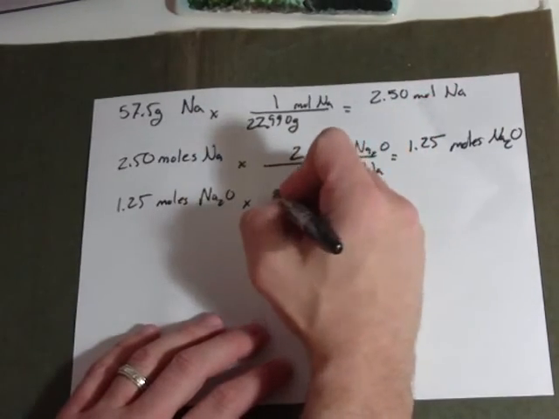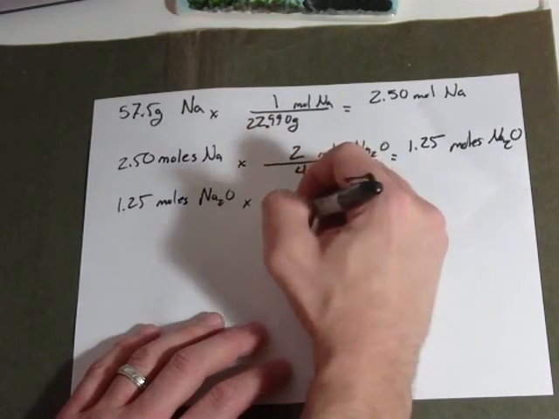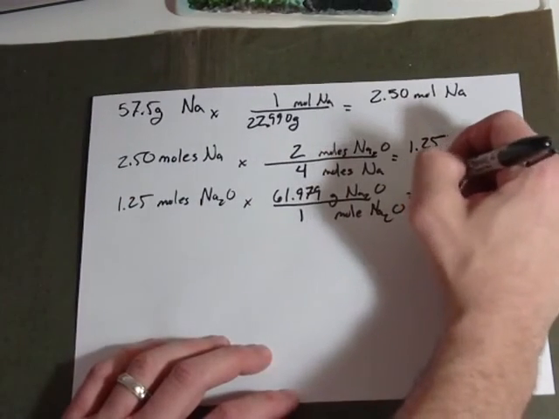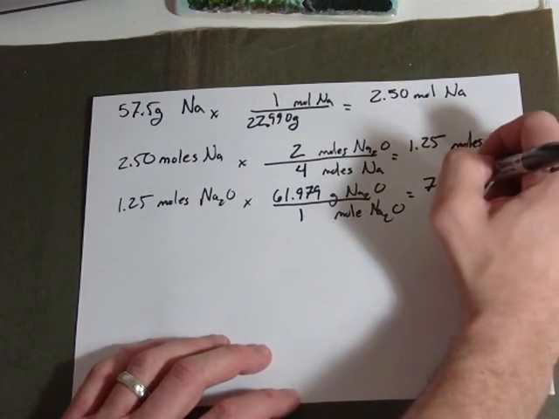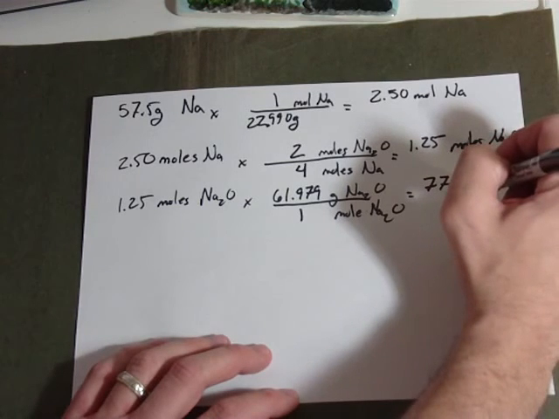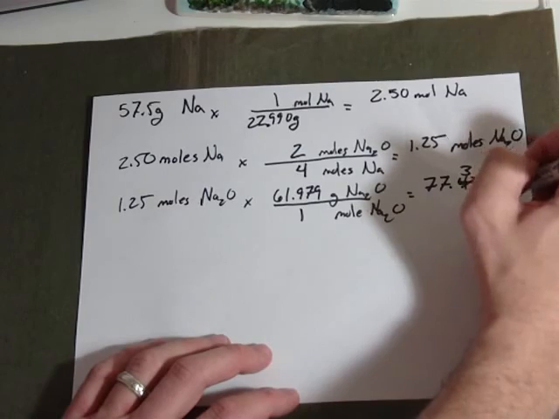So in 1 mole, we have 61.979 grams. And we get a mass of 77.47. Well, I guess we can only put 3 significant figures, 77.3 grams of sodium oxide.